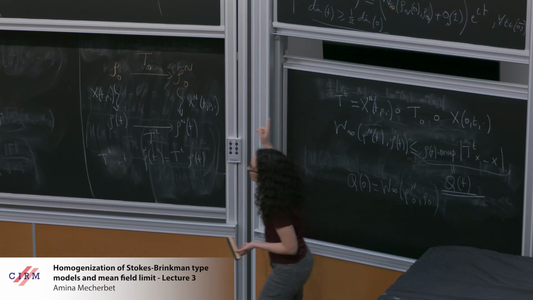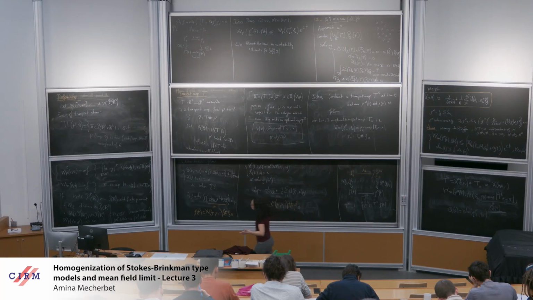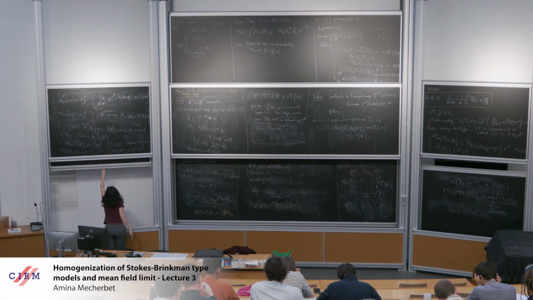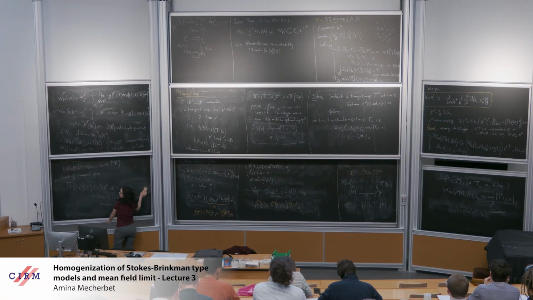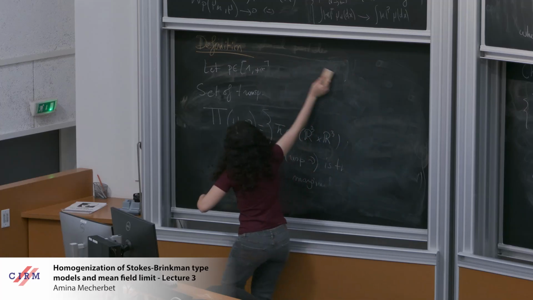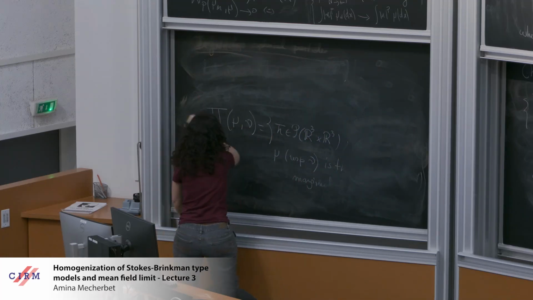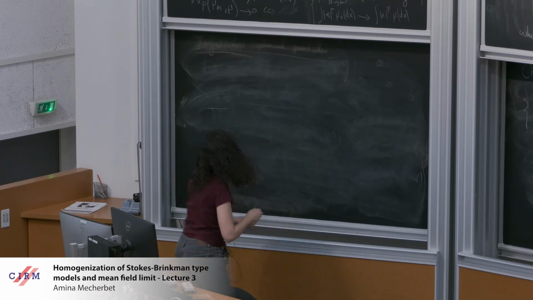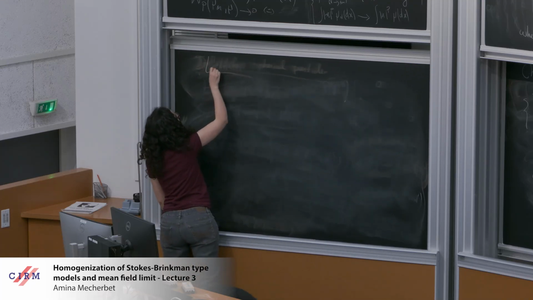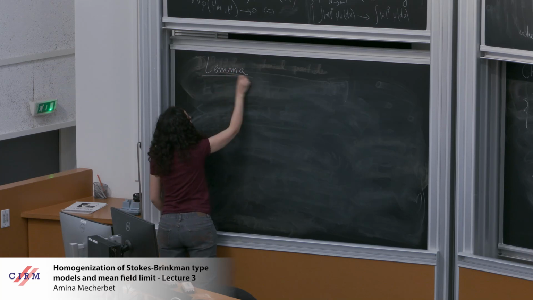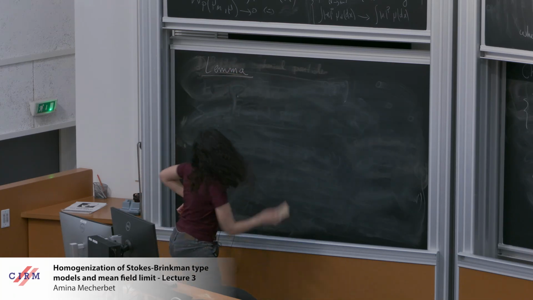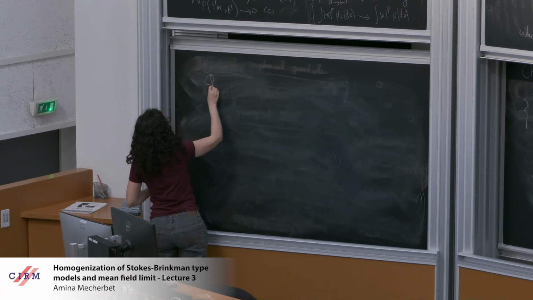Okay, I will maybe not erase this. Let me just write what we expect. And maybe I will just try to convince you where the minimal distance appears in all this. So lemma. Maybe just before that, let me make Qt a little bit more precise.